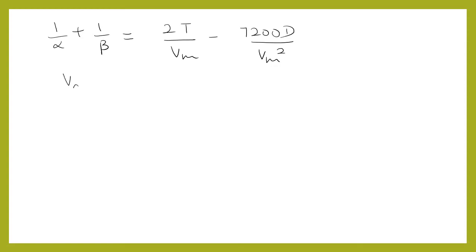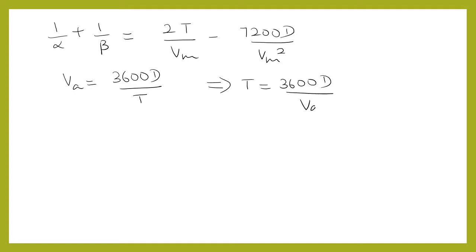We have 1 by alpha plus 1 by beta equal to 2T by Vm minus 7200D by Vm square. We have the equation for Va as 3600D by T, which implies T equal to 3600D by Va.